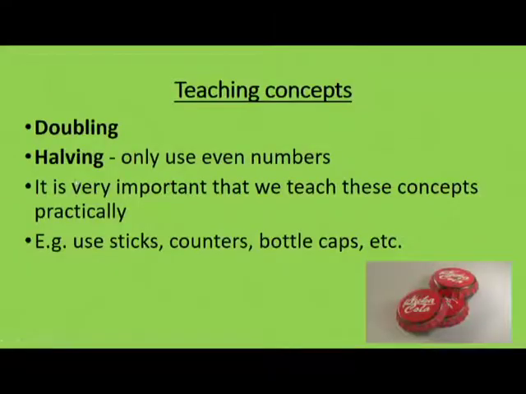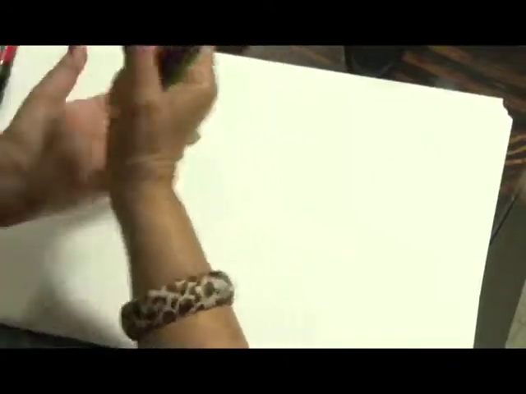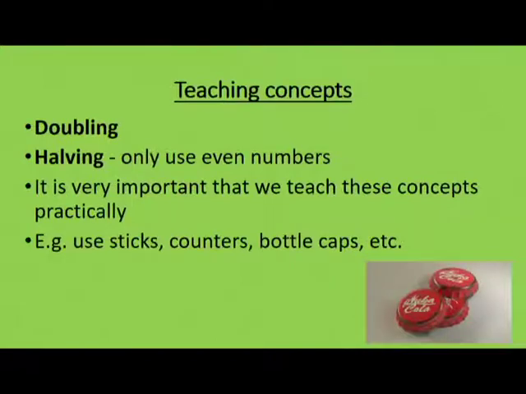They do it practically, and like I said, we can use the sticks, like I showed you, the bottle caps, counters, whatever you can lay your hands on. As junior primary teachers, we should be very practical with our teaching aids. We should make most of our teaching aids and not go buy them.